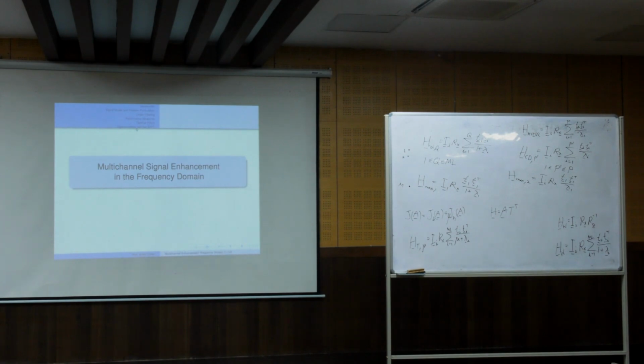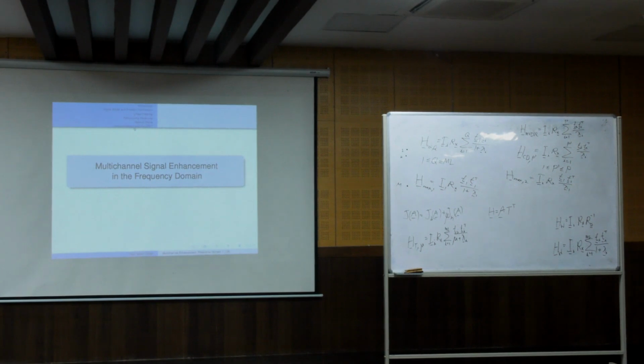Now, in the frequency domain, in the single channel, we used only gains for each frequency. We worked with each frequency independently, and we found the optimal gains. Now, when we extend it to multi-channel signal enhancement in the frequency domain, we will use the correlation between sensors in the frequencies.